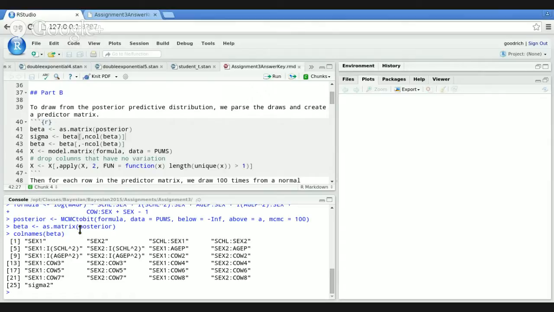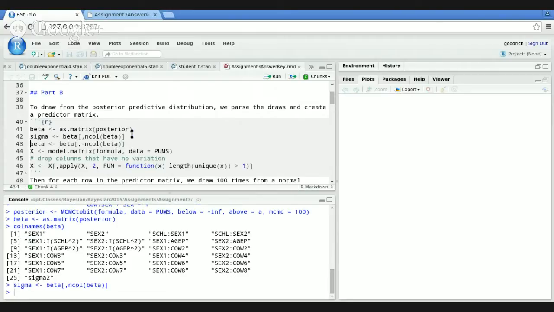The coefficients for the various predictors, I made a bunch of interaction terms between gender and age and schooling and all sorts of other things. And then the 25th one in my case is the error variance. So I want to pull that last one out separately.